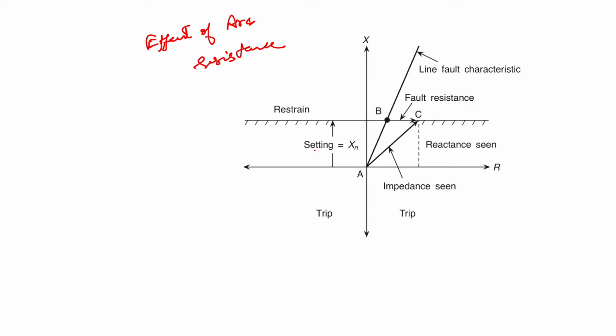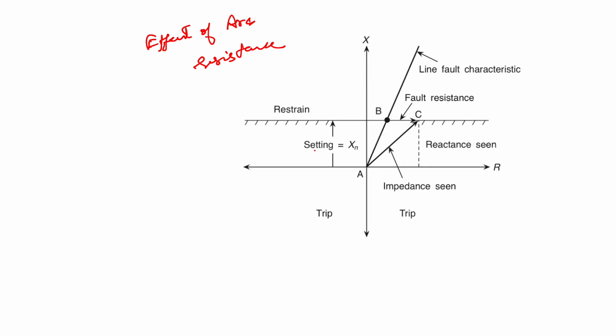From this figure it is seen that a line section AB is being protected using this reactance relay, and let us suppose there is a fault at the end of the protected line section, at point B, with resistance equal to BC. So BC is the fault resistance due to the arc.